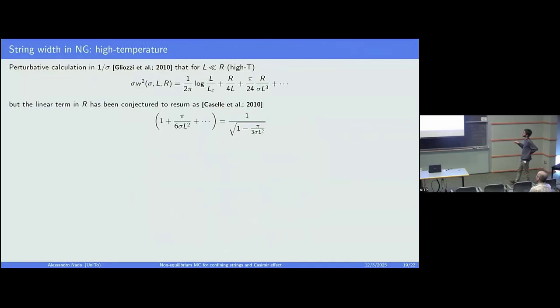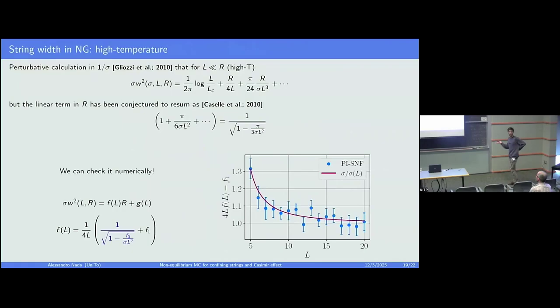So the same square root appears as it appeared in the partition function, and you can actually look it up numerically and see if this square root actually appears. So we took the data, we fitted this data, and you can see that this F0 actually again agrees with pi over 3. And so we are essentially giving numerical confirmation of a conjecture, you might call it, concerning the behavior of the string width for Nambu-Goto.